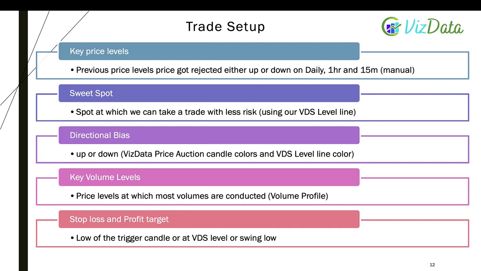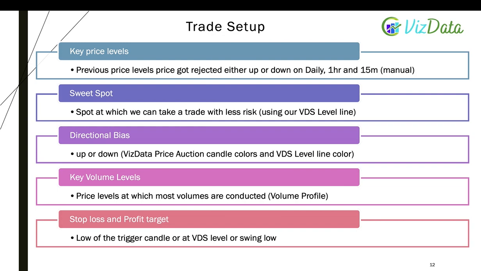And then the last is stop loss and the profit targets, right? So how much we can lose, that we have to already decide. But how much we can take as part of every winning trade is also very important. If we are setting our stop loss at 10 ticks, that's what we can lose. That's our appetite.